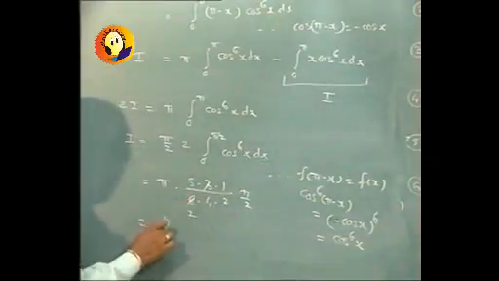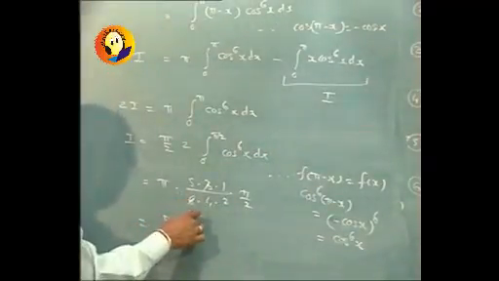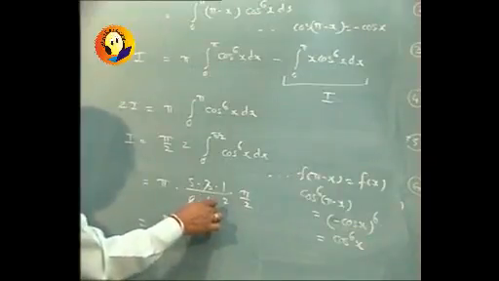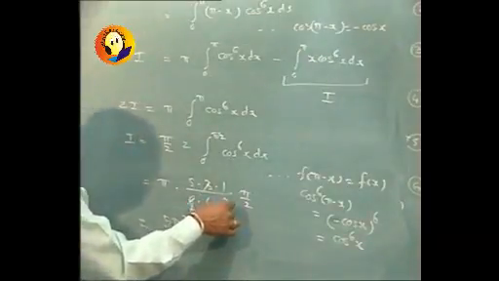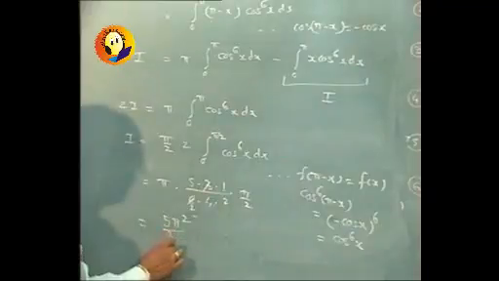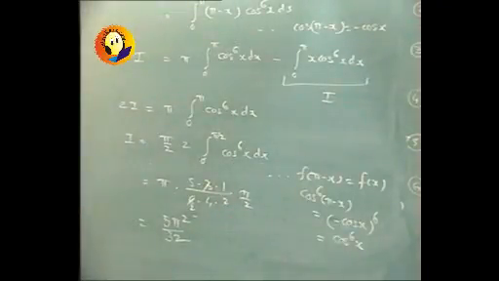And so ultimately it will be 5 pi square divided by, this is 2 into 4, 8 into 2, 16 into 2, 32. That is how we will apply the reduction formula for problem number 5.